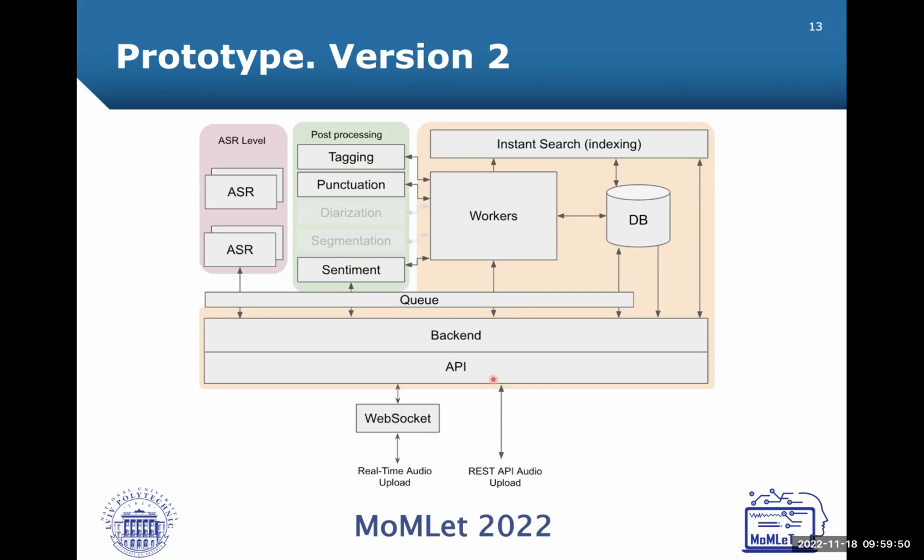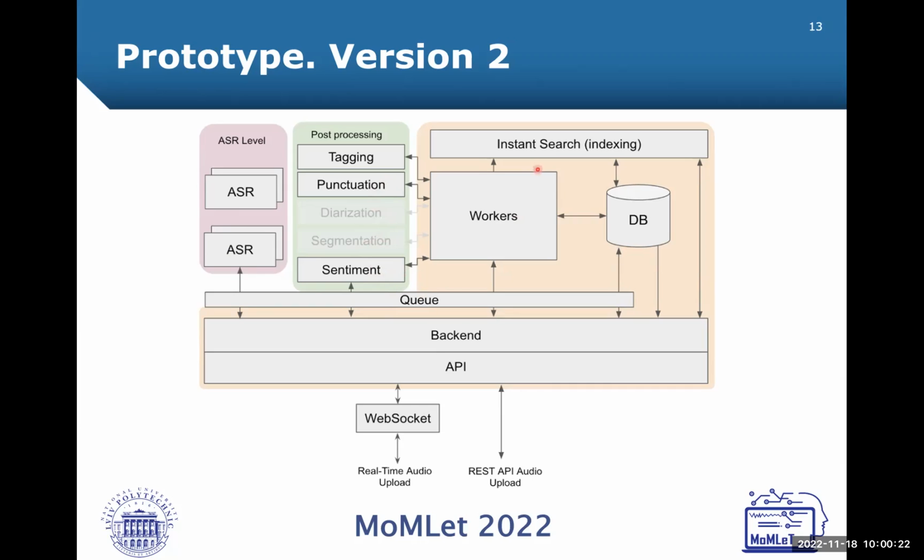When you send a file, first of all, the backend puts it into the queue. Then when the recognizer is ready, it takes from the queue, recognizes, and puts back, I'm done. And then at the post-processing level, once again, when each of them is ready, they take from the queue and return to the queue, I'm done, and the result.